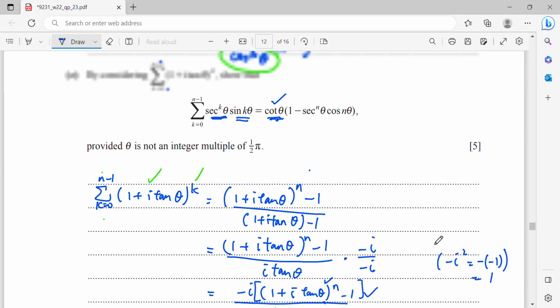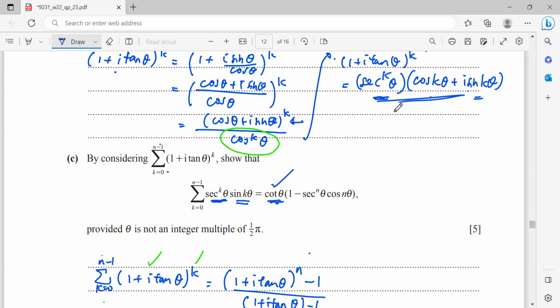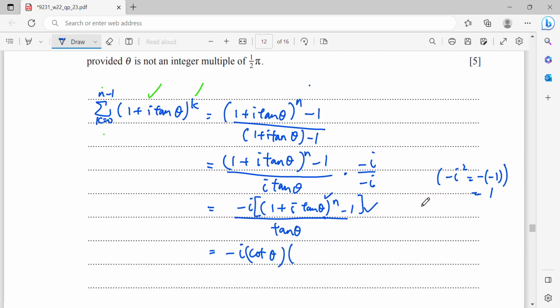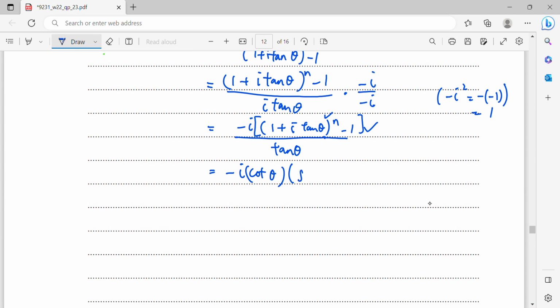So now I will copy this result and change the k to n because the k already changed to n, right? So I will write secant to the power n theta, then cos n theta plus i sine n theta, then minus 1. Okay, don't forget there's a minus 1 here.